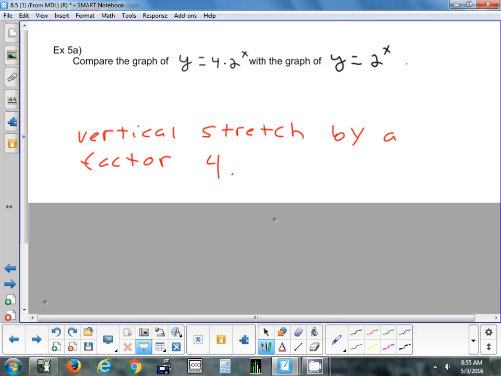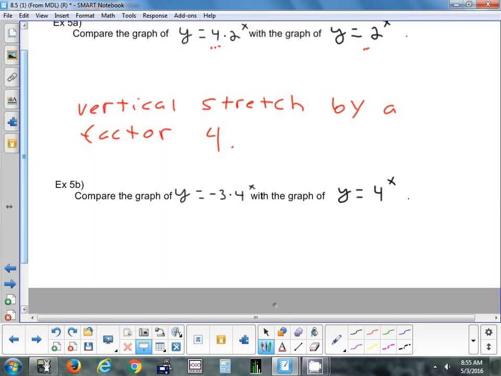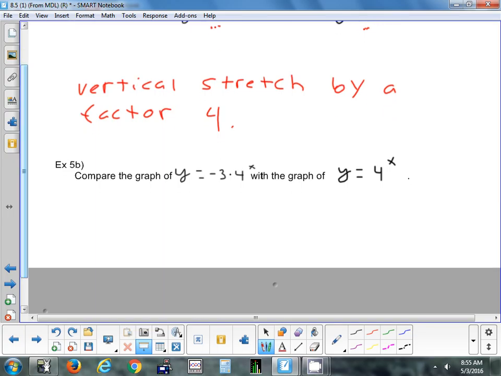That's all you have to write. This graph is a vertical stretch of this graph by a factor of 4. That's it. Okay. Any questions on how we did that? It's a vertical stretch by a factor of 4. Right? Let's try this one.